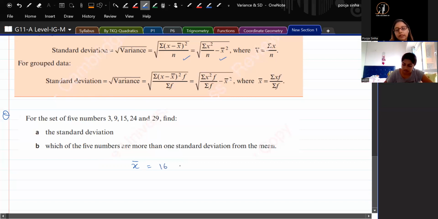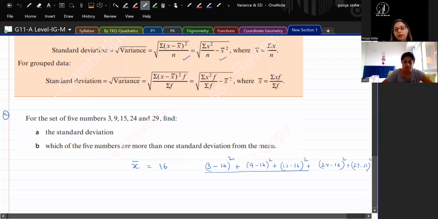So x bar you got 16. So what you're supposed to do is 3 minus 16 square, plus 9 minus 16 square, plus 15 minus 16 square, plus 24 minus 16 square, plus 29 minus 16 square, right?